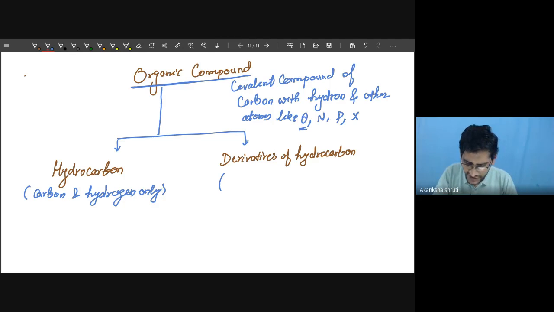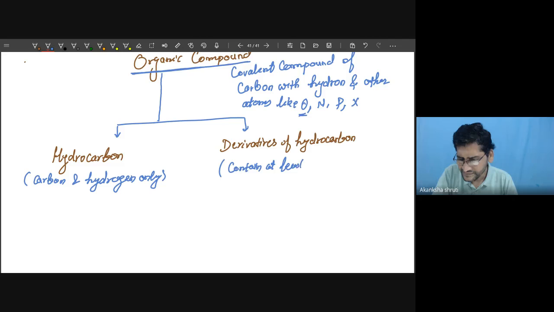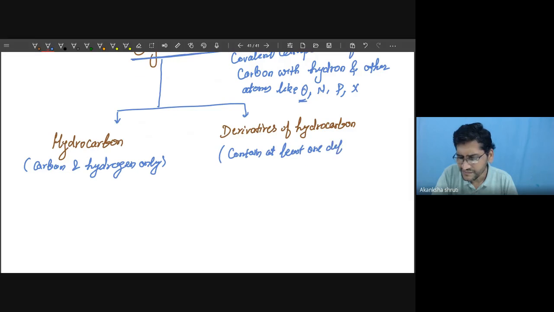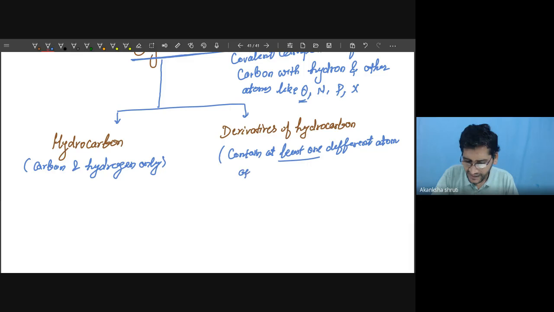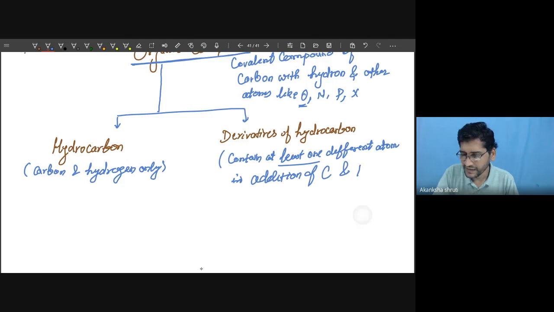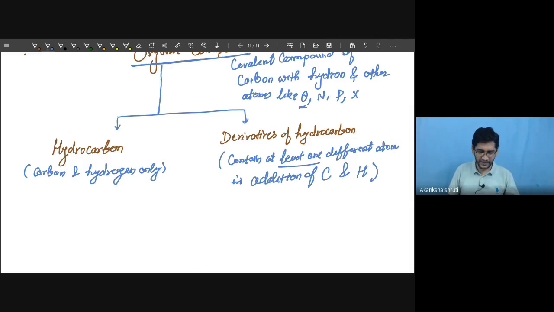It contains at least one atom other than hydrogen, and it may be more than one, in addition to carbon and hydrogen.